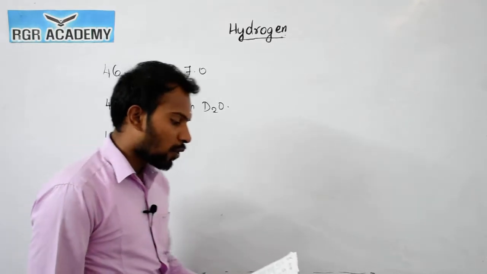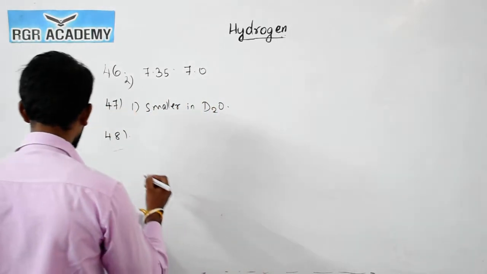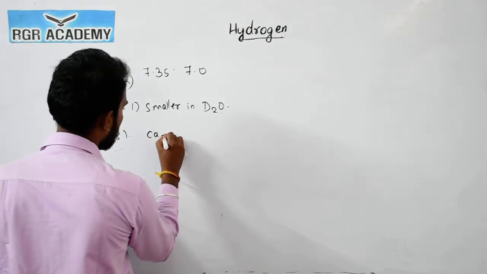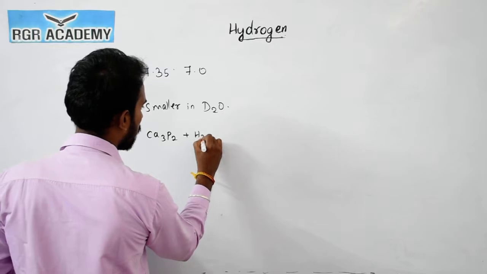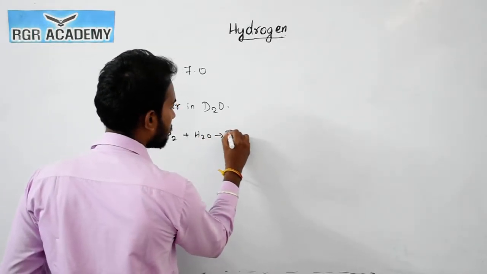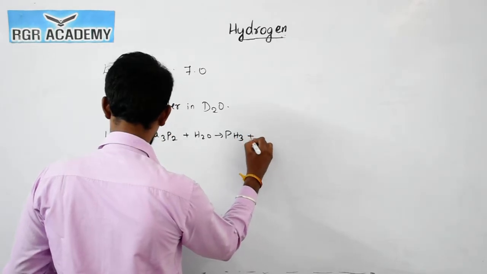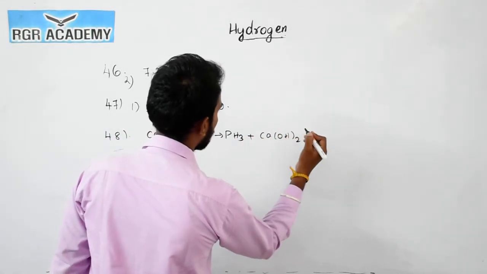Now question number 48. 1 mole of calcium phosphide on reaction with excess of water. The reaction: calcium phosphide, Ca3P2, reacts with H2O and gives phosphine PH3 plus calcium hydroxide, right?